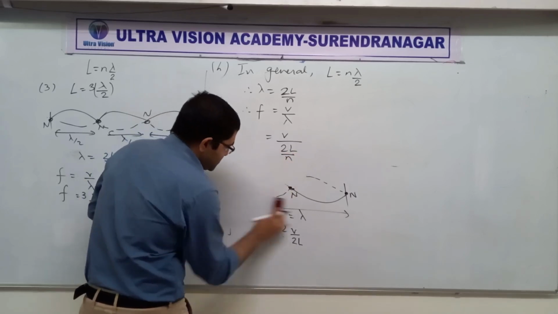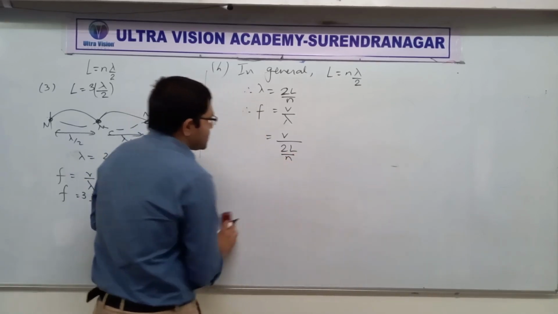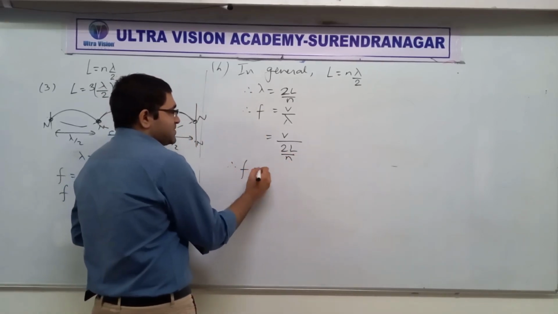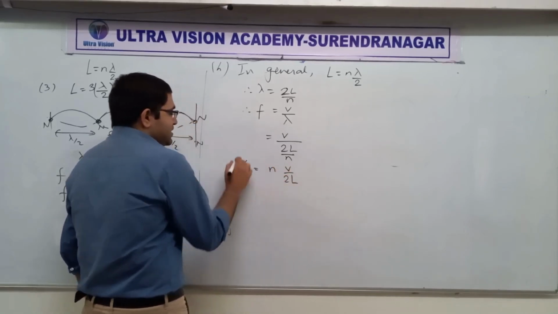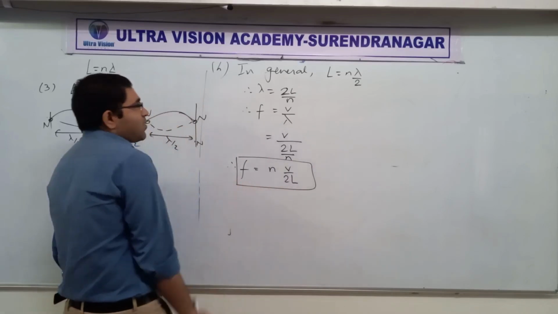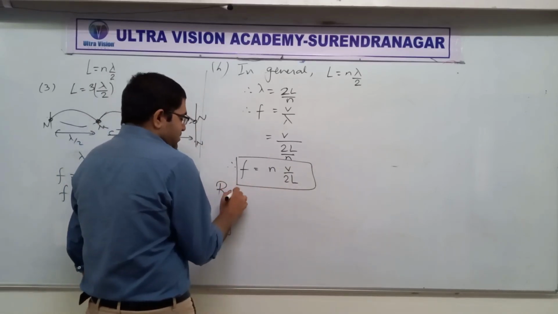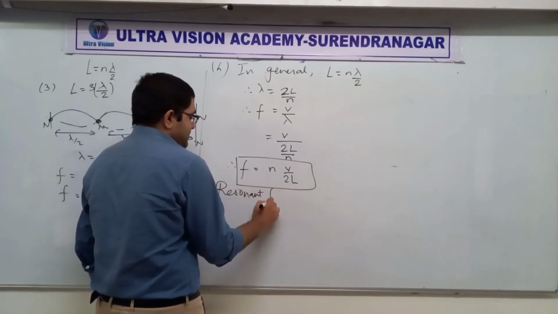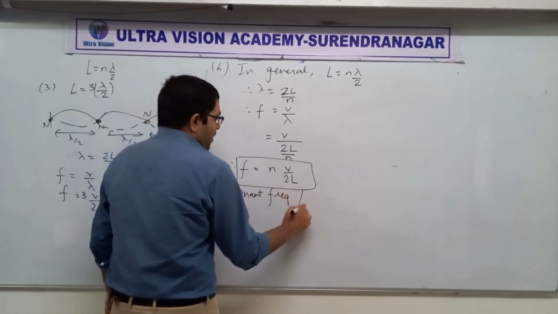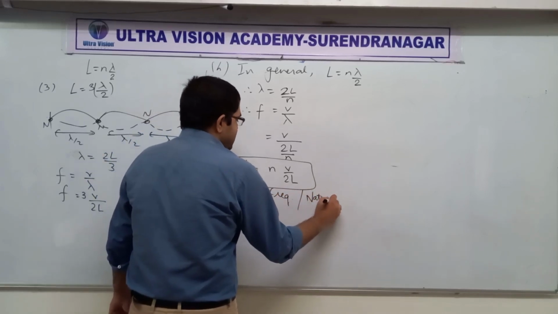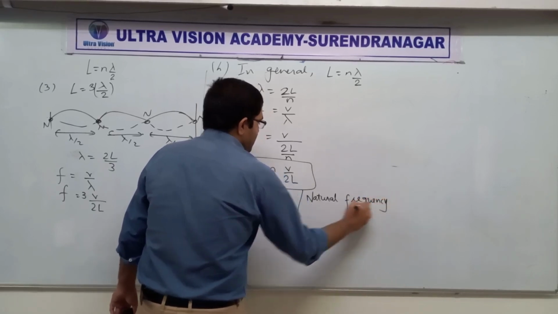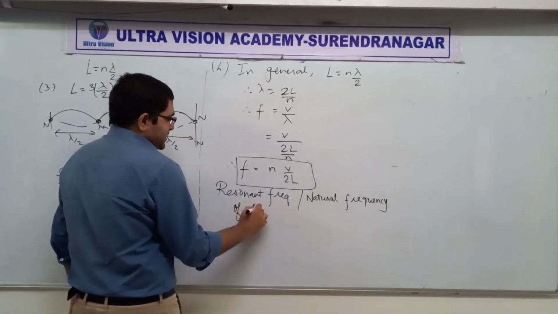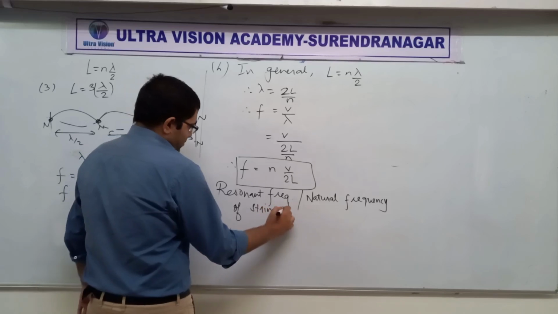So n will go to the numerator, therefore F is equal to n times V by 2L. This is the formula of resonant frequency or natural frequencies of string tied at both ends.